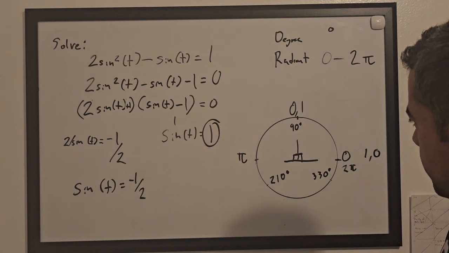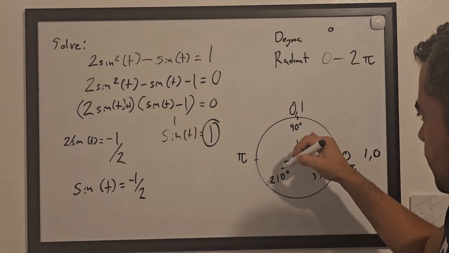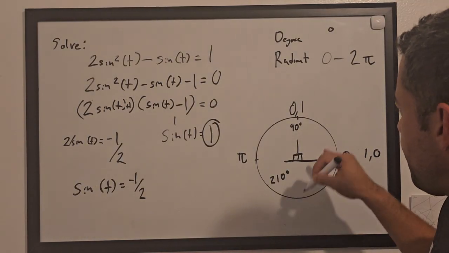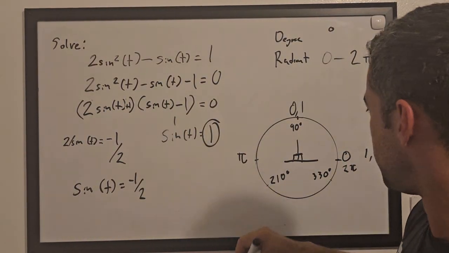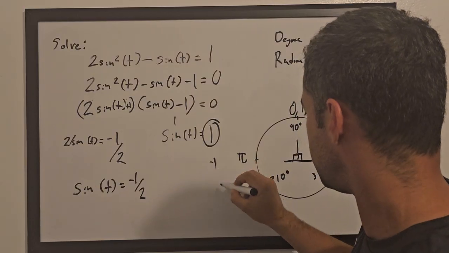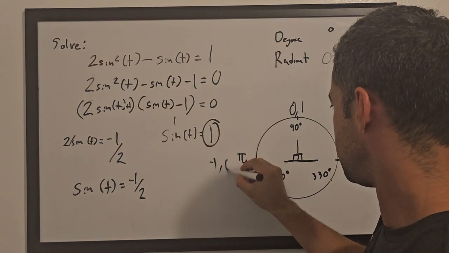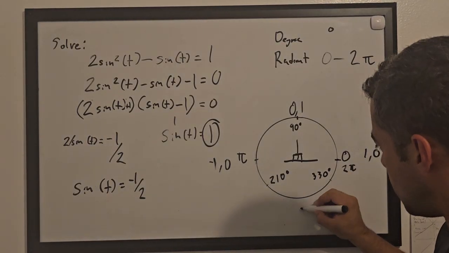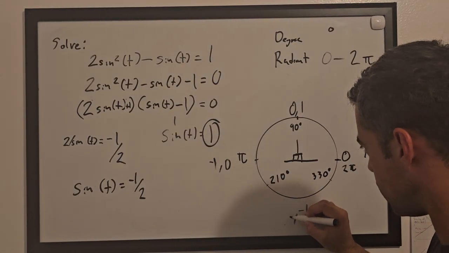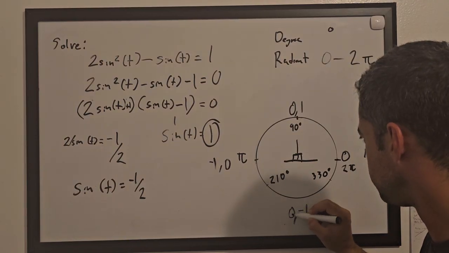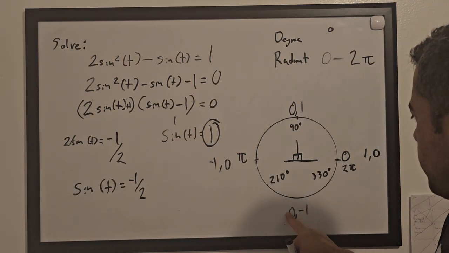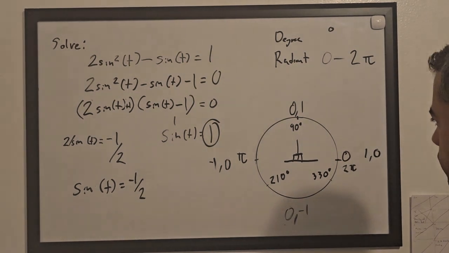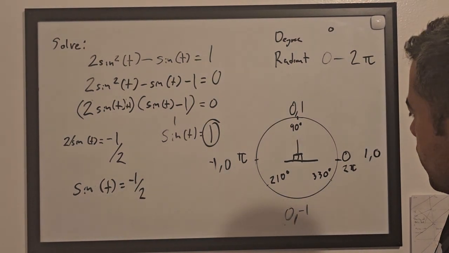And here we also have it in degrees now. Now, at this point, we have a cosine of -1 and a sine of 0. At the bottom, we have a sine of -1 and a cosine of 0. Yeah, looks about right.